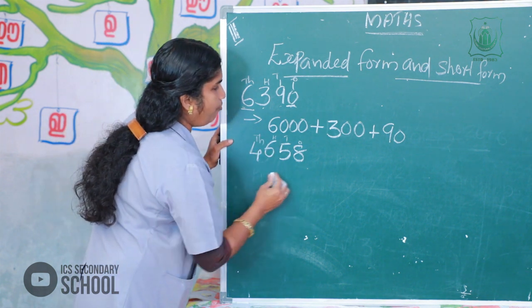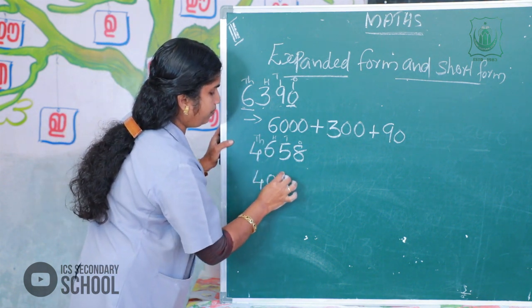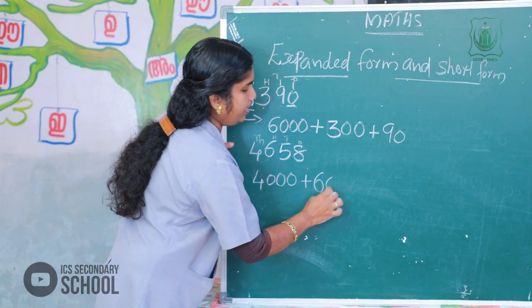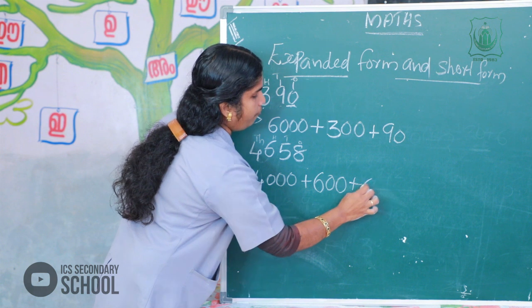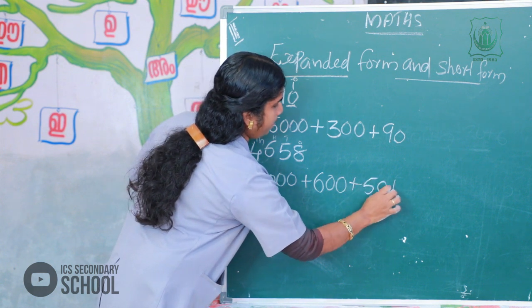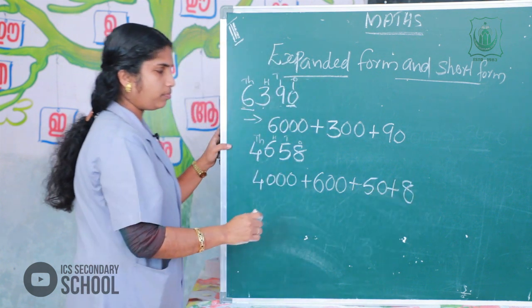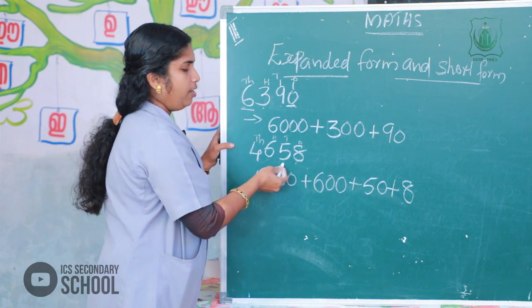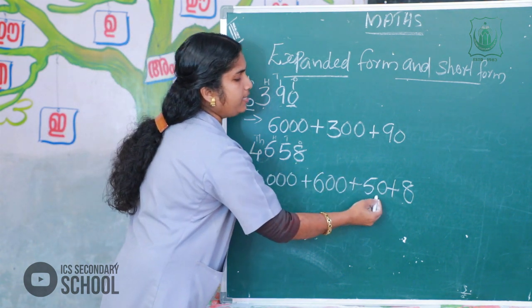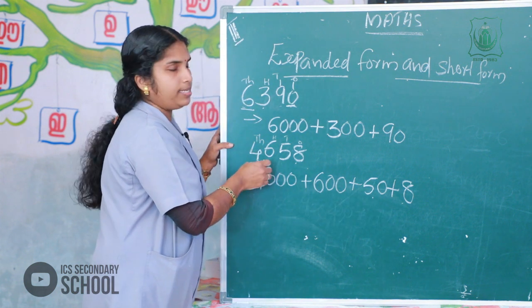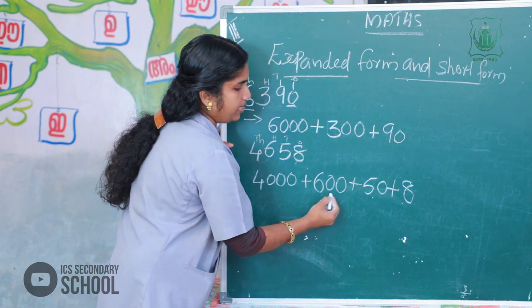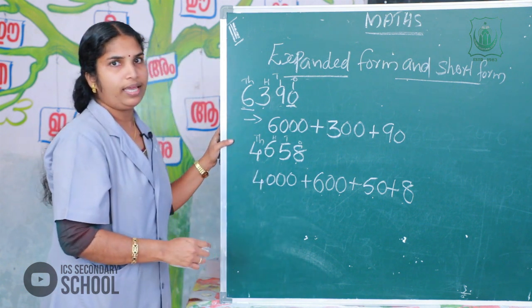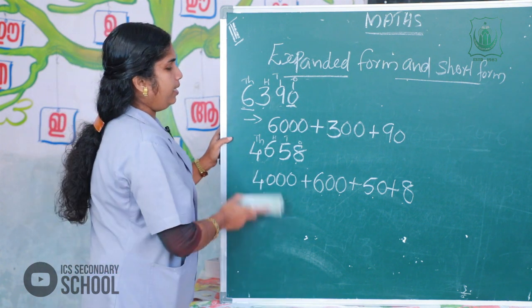Okay, 4000 plus 600 plus 50 plus 8. 8 in the 1 place, 5 in the 10 place, we write 50. 6 in the 100 place, 600. 4 in the 1000 place, 4000.